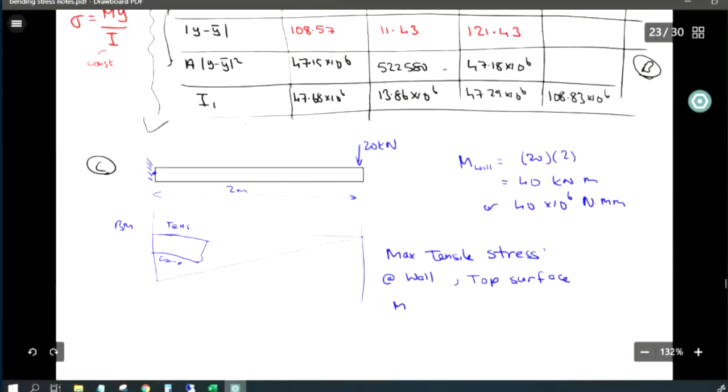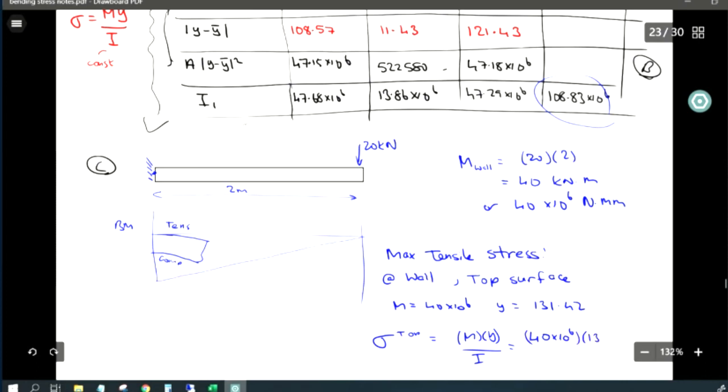M is 40 by 10 to the 6, Y is 131.42, and the I value we have there, 108.83 by 10 to the 6.